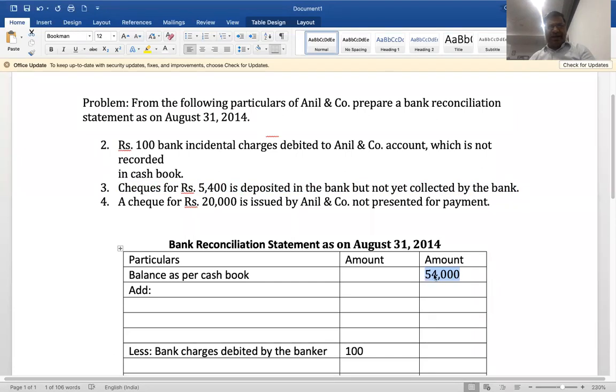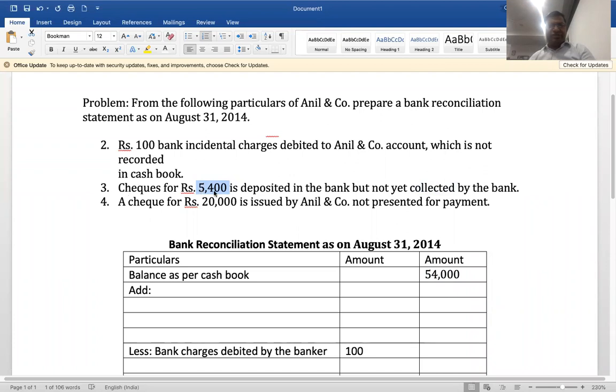He added this, but the same is not accounted by the banker. The banker records that amount only when he collects it. He has not received it so far, so he doesn't account for it.